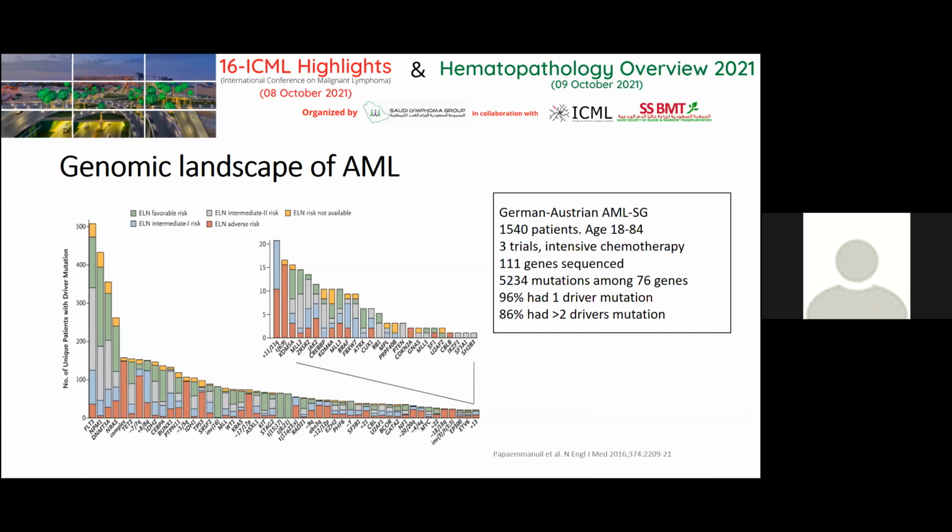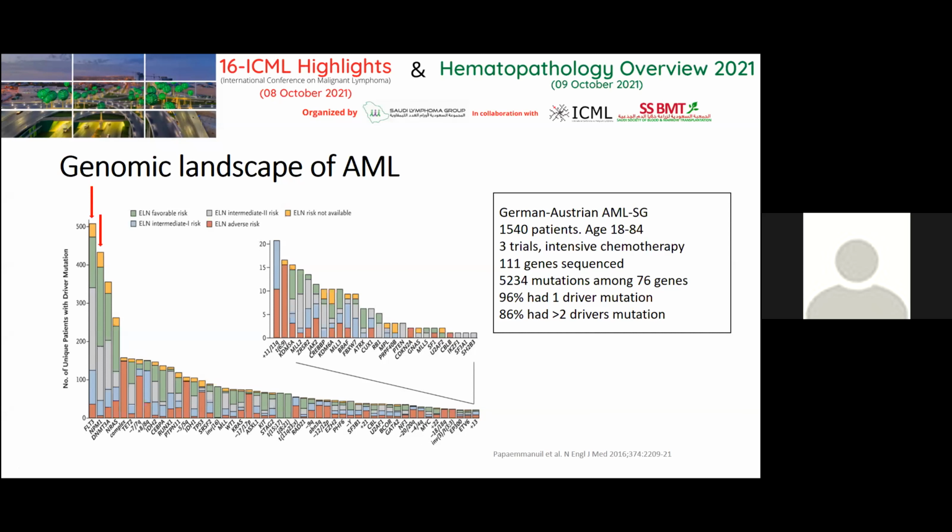96% had at least one driver mutation, and 86% had 2 or more driver mutations. So the molecular analysis demonstrated that there were several mutations that were either prognostic or predictive, and they are also targetable. For example, FLT3 abnormality occurred in 1/3 of the patients, and we can target it with FLT3 inhibitors.